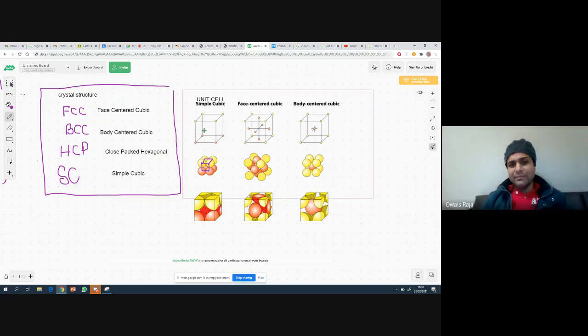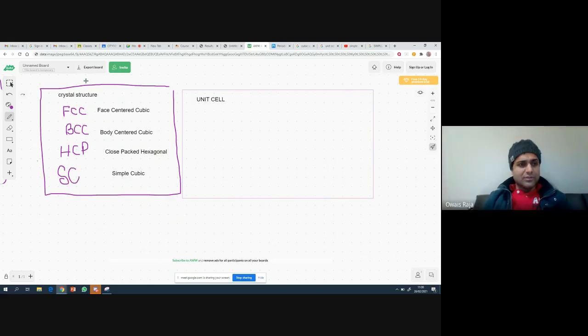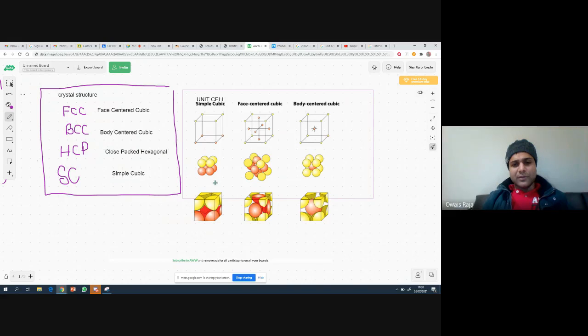If you look at these circles, which are the atoms, this atom is being shared by the 7 others. So if that's, let's say, a steel ball, divided by 8, then 1/8 of this atom belongs to this unit cell.